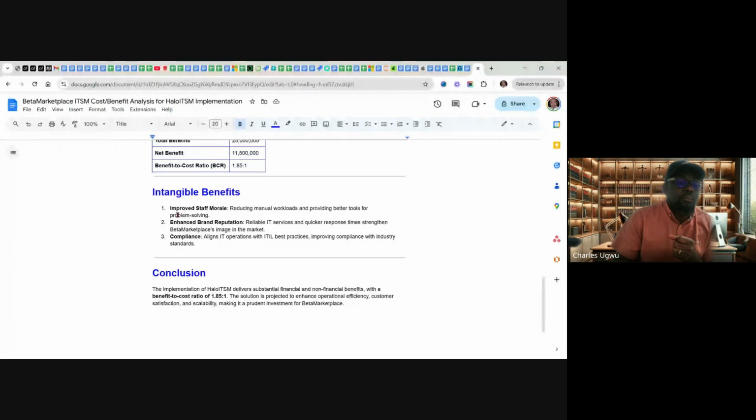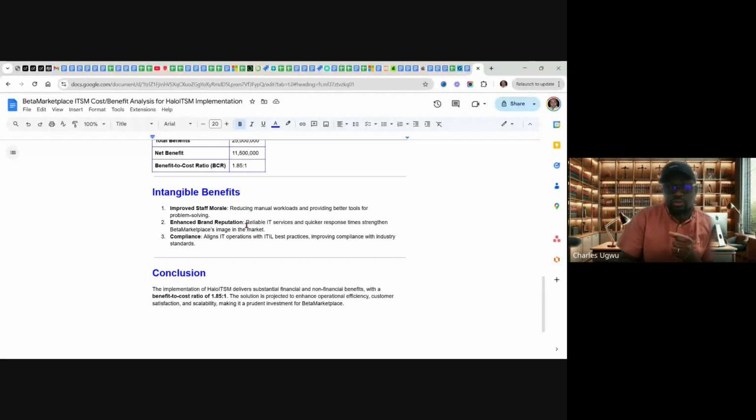Here: improved staff morale, reducing manual workload, and providing better tools for problem solving. You see here, it was not monetized. They couldn't monetize this, and it's going to be difficult to start monetizing improved morale, so it's captured this way. Enhanced brand reputation is a benefit, but it's difficult to monetize.